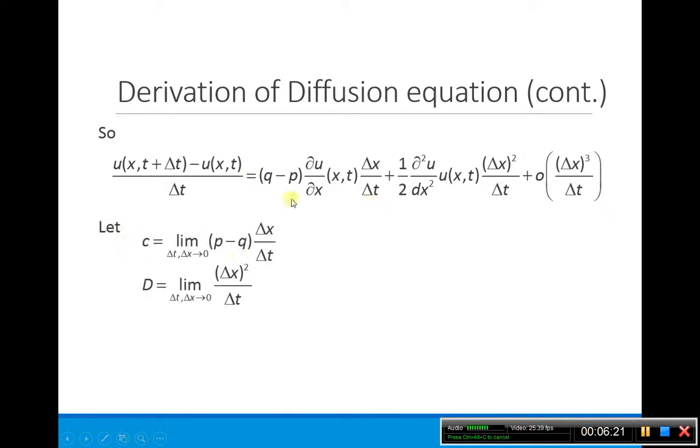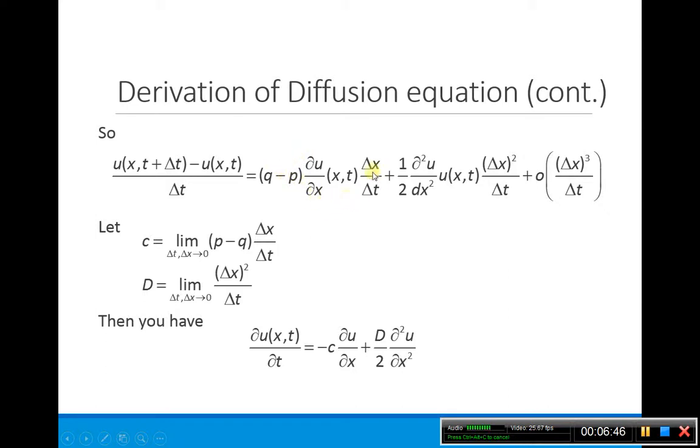So if we let c be the limit as delta t and delta x go to 0 of this part, and then d be the limit as delta t over delta x squared of this part, then we can rewrite this. This part gives us a partial of u with respect to t.